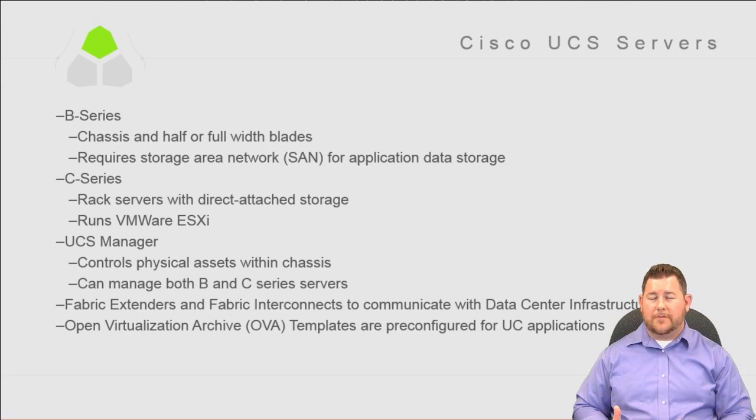And so the best thing that you can do is have these B-Series chassis connected to the storage area network so that you can utilize the capabilities of that storage area network for storing your VMDK files, the virtual machine disk files, or snapshots, or anything else that you're going to store from your VMs. That way, if you do ever change servers, all the data is stored on the same SAN. You're just connecting different pieces of equipment to make sure that you get that same connection.